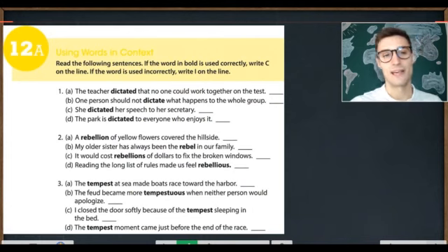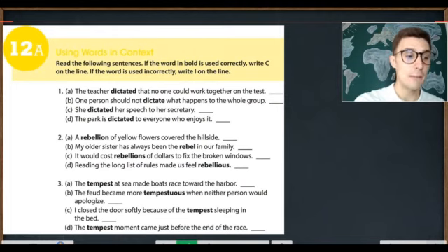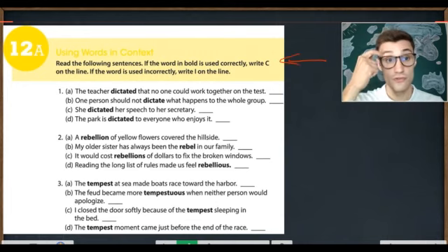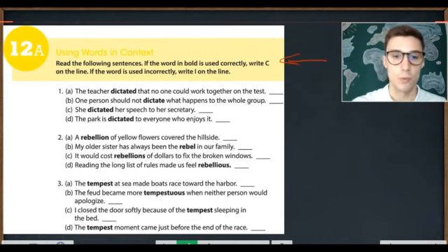And here we are. Activity 12A. Finally, we can start with this. So make sure you have this activity ready. Grab a pen. Let's start. First, let us read the instruction. Using words in context. Read the following sentences.